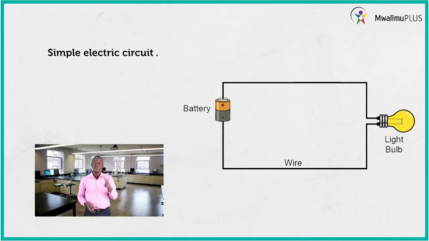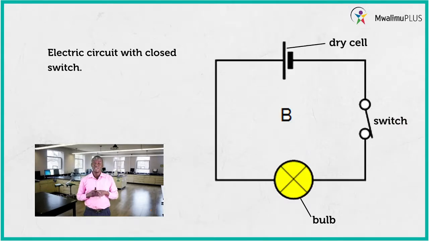Let us look at the next on the screen. What are you seeing? Okay, very good. From the screen, we have a sketch of electric circuit with a closed switch.